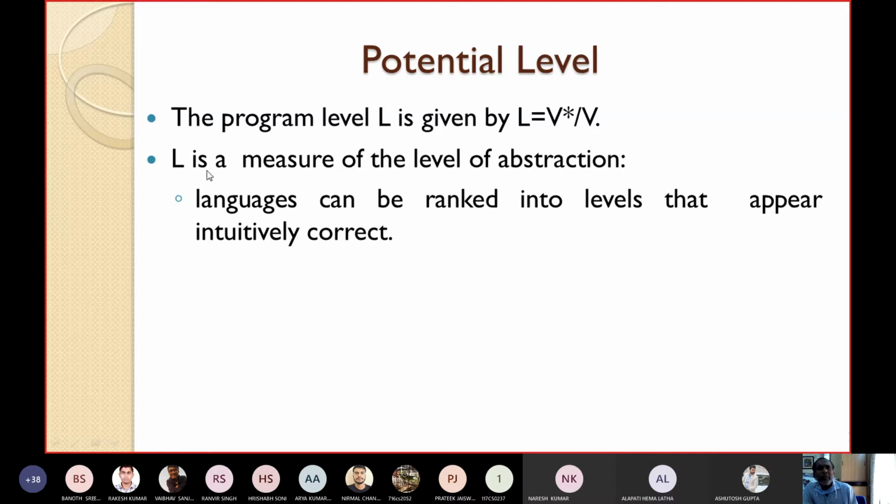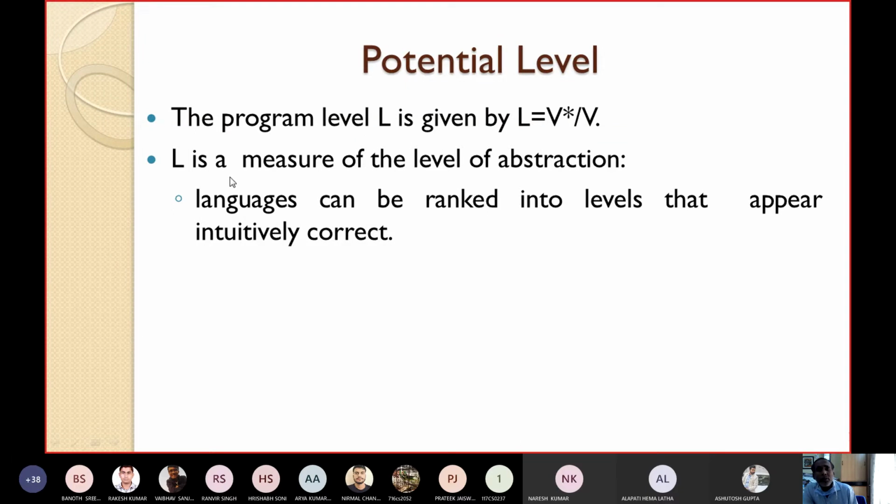Why are we interested in computing the program level L? The program level L is a measure of the level of abstraction.